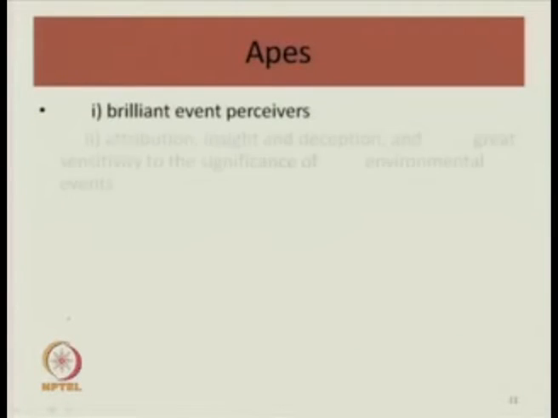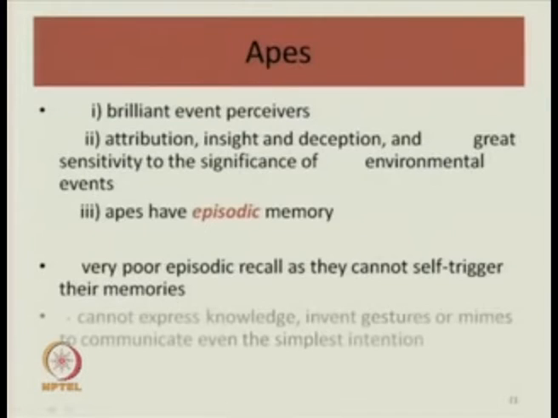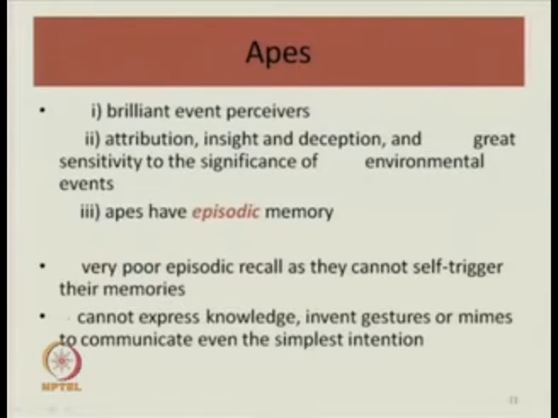Now we will look at what happens to apes. Why is it that apes did not achieve this level? A very important point here is apes are our cousins, all right, in the evolutionary story, but apes have a memory system which Donald calls an episodic memory system.